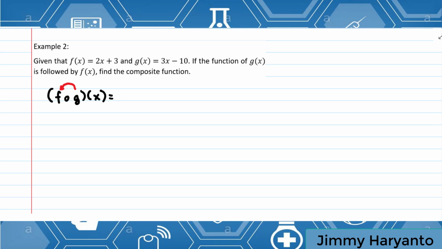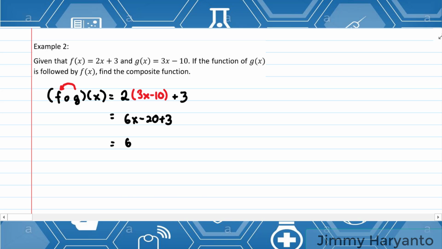So you write the f first, 2x plus 3, but because the g should go inside the f, you change the x in the f into g(x), 3x minus 10. So basically you substitute the x with g(x): 6x minus 20 plus 3 equals 6x minus 17. There you go. That is how to find a composite function.